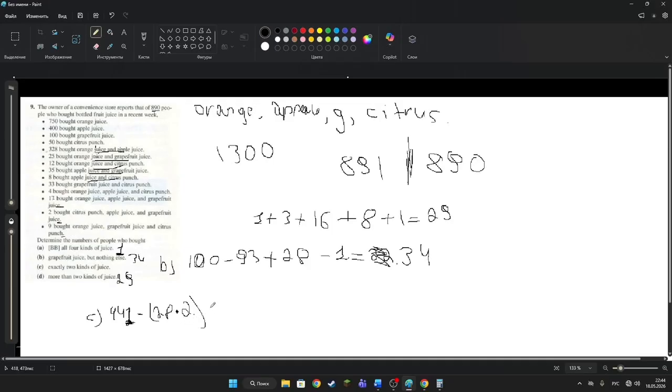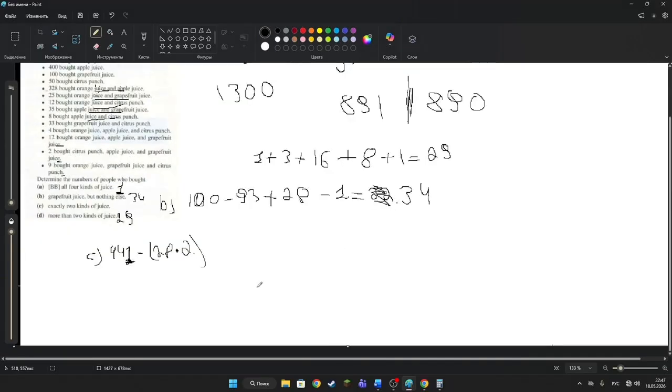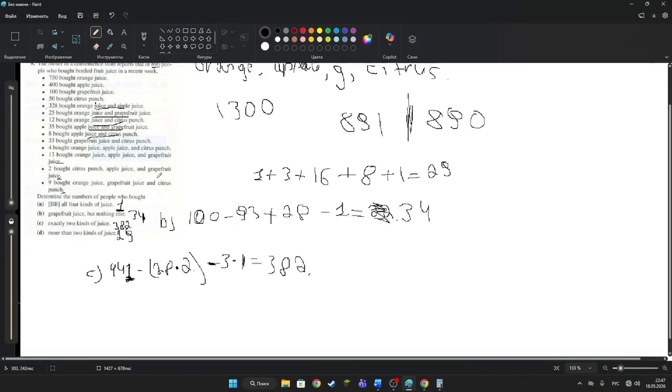So then we also that man who bought all of the juices we multiplied by 3. And it's gonna be 382. Yes.